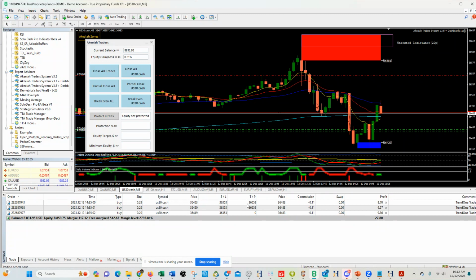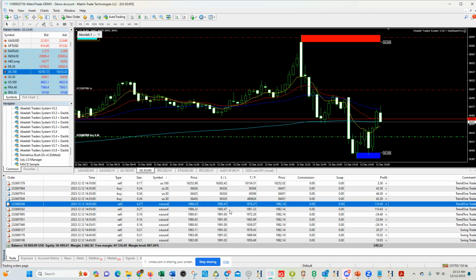Let's see, the take profit area is around 36,553 is the first one. What was it on this one? 36,506 and 5. Okay, so the TPs are slightly different, but we're running that same strategy on that one.